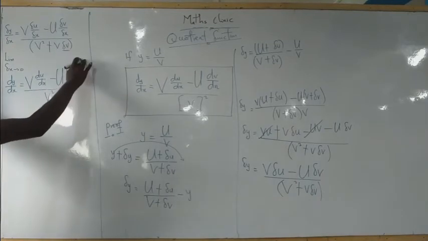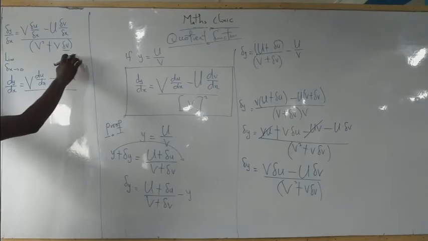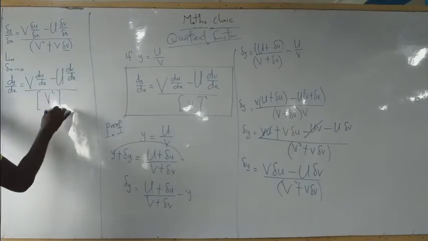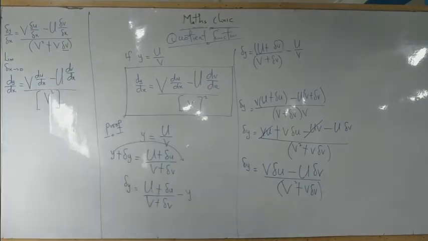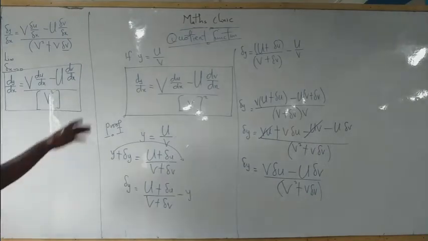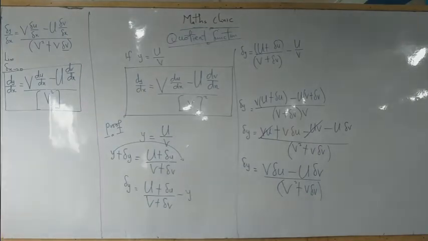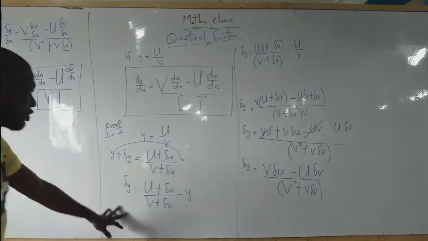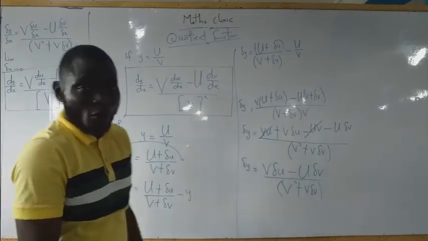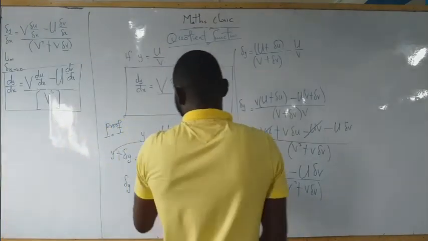This becomes 0, okay? V times 0 is 0. 0 plus v square is v square. Can you see? This is the derivation for the quotient function. Please take notes. Very, very important for WAEC students. They can ask you to prove it.